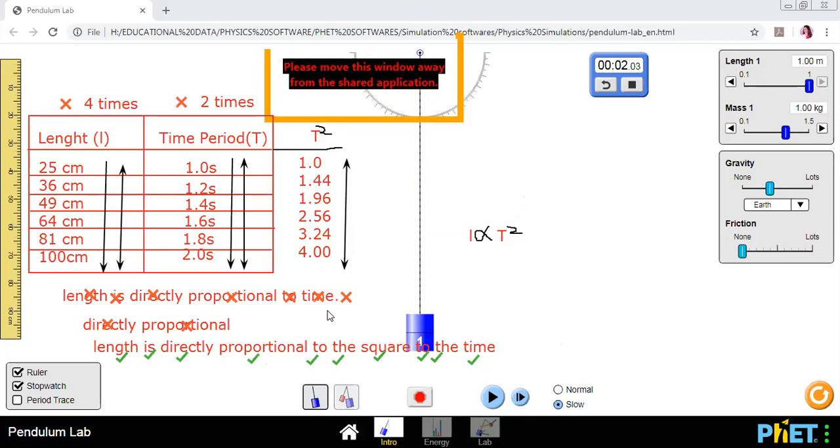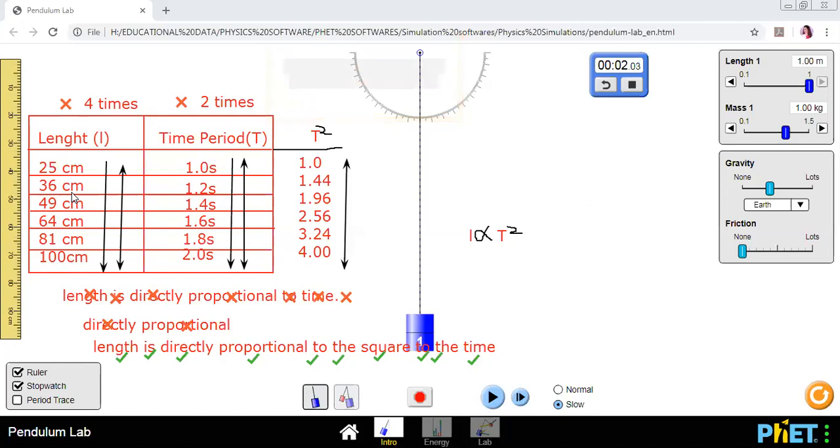Even you can do one more thing. Beta, let's take the root of 1, 4, 9, 16, 25, 36, 49, 64, 81 and 100. Listen to me carefully. We will take the square root of the length.